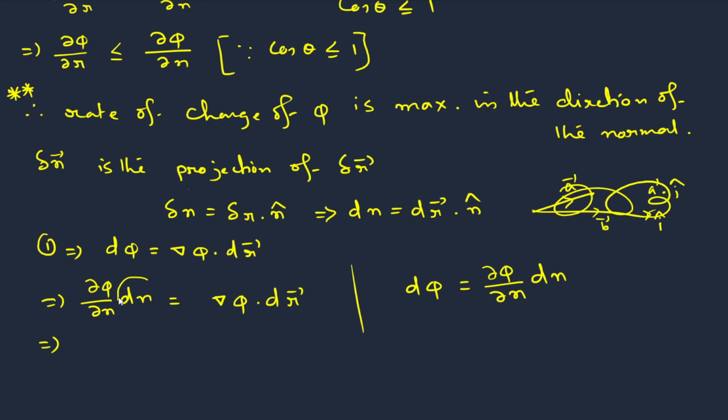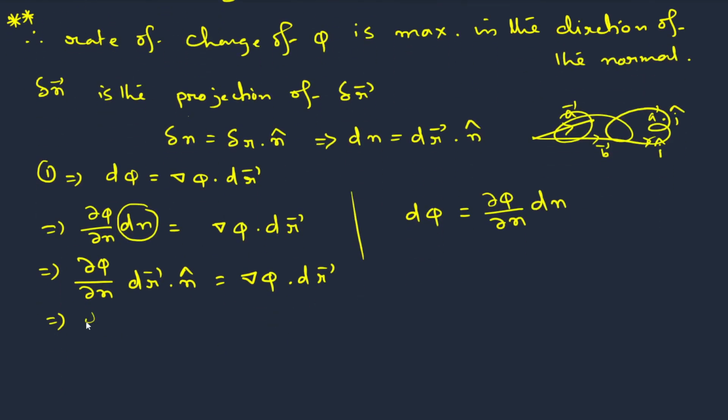Now in place of this dn, we can write dr bar dot n cap equals nabla phi dot dr bar. So del phi by del n, we can write n cap dot dr bar, equals nabla phi dot dr bar.